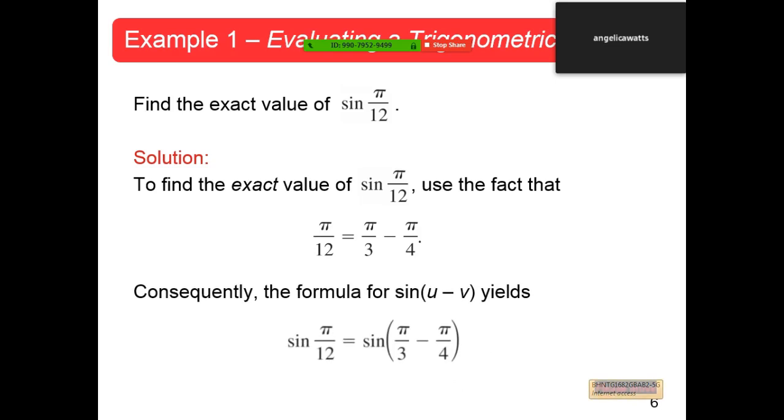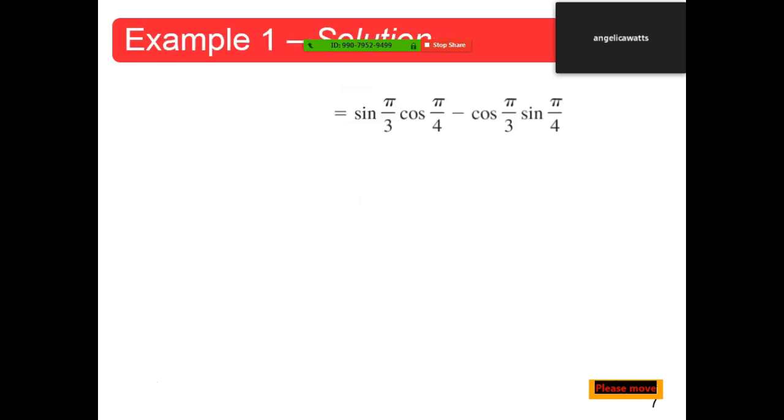So consequently, the formula for sine of u minus v, which is pi/12 being pi/3 minus pi/4, sine of pi/3 minus pi/4 would be the sine of pi/3 times the cosine of pi/4 minus the cosine of pi/3 times the sine of pi/4. So these are different angles. Let's see what they come up with.